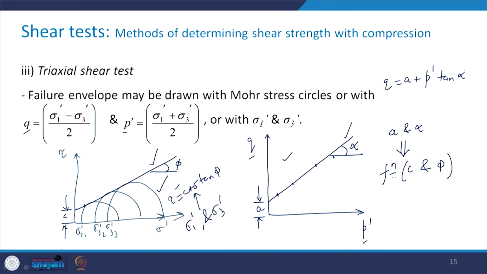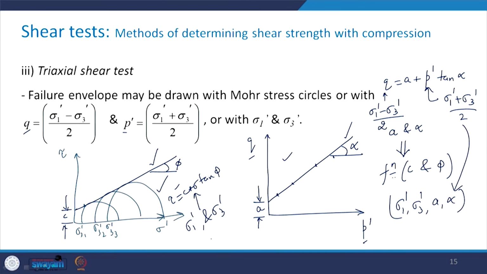So, substitute this q as sigma 1 prime minus sigma 3 prime upon 2 and this p prime as sigma 1 prime plus sigma 3 prime by 2. You will get an expression in sigma 1 prime, sigma 3 prime, A and alpha from this, and here you will get an expression in sigma 1 prime, sigma 3 prime, C and phi.